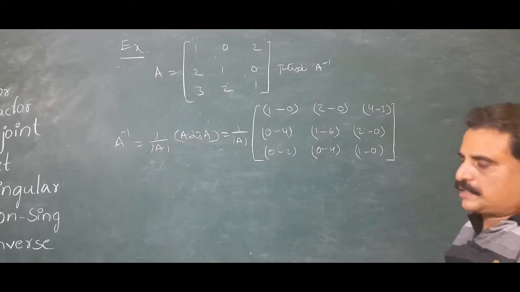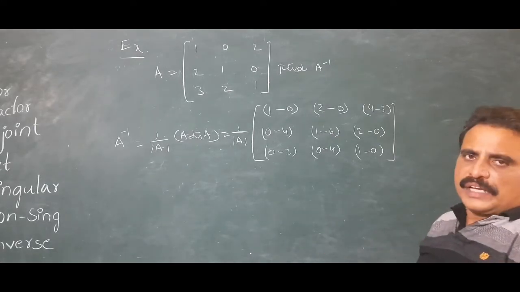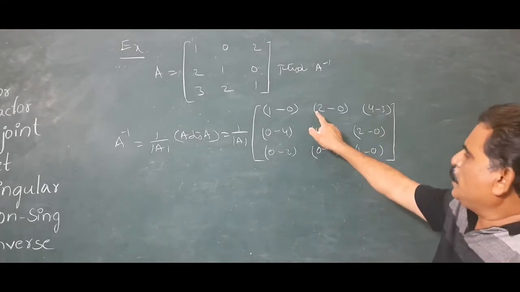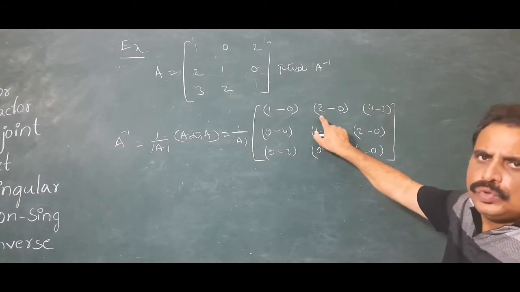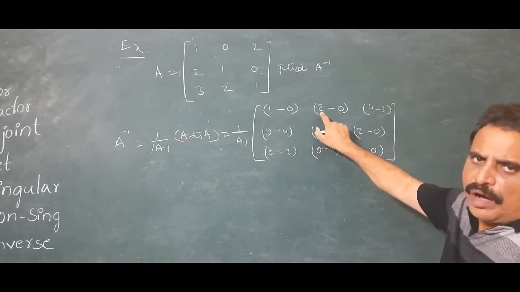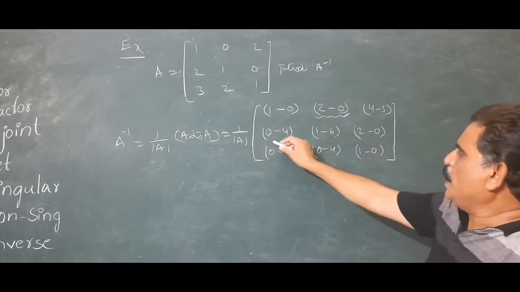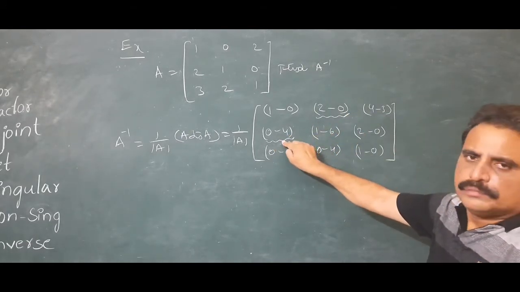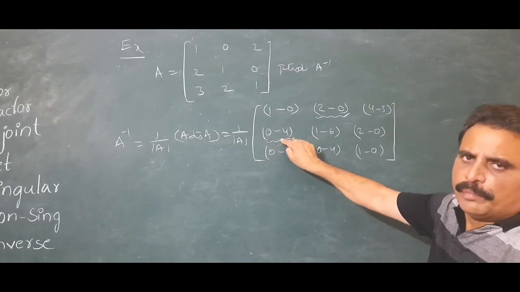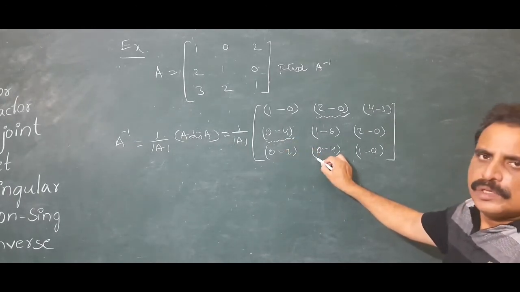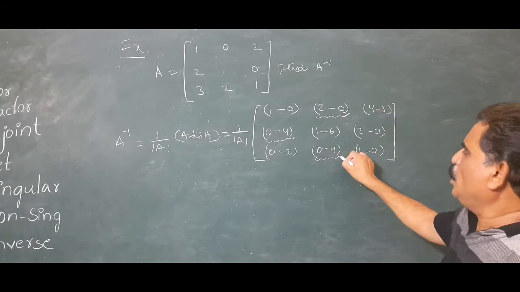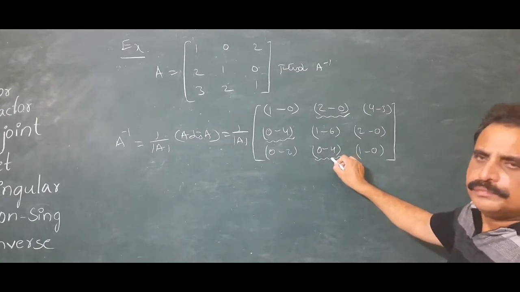So first convert to cofactors. How to convert to cofactors? Listen carefully. Here the position is 1 2, sum is 3, odd number. Next here 2 1, sum is 3, odd number. Next here third row second element, 3 plus 2 is 5, odd number.